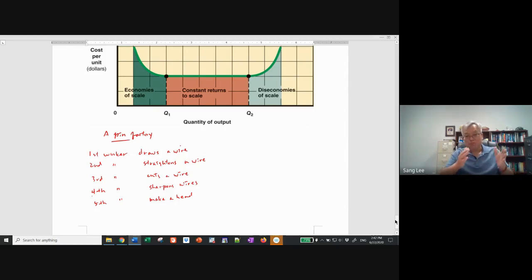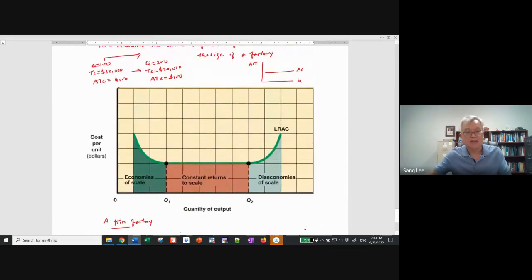That's why a typical unit will cost you less and less. So Adam Smith's example of a pin factory is all about economies of scale. On a larger scale, as you produce a larger quantity, it is more suitable for specialization, and you can produce more output at a lower unit cost.